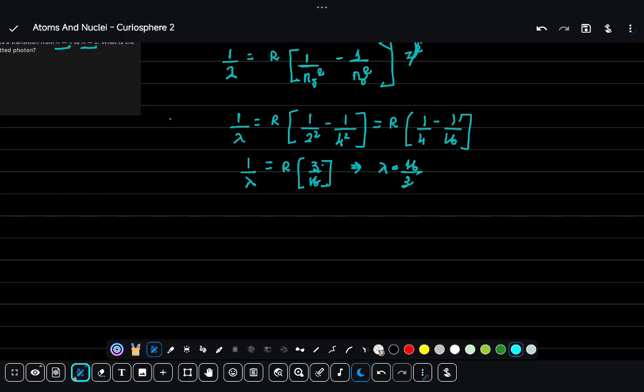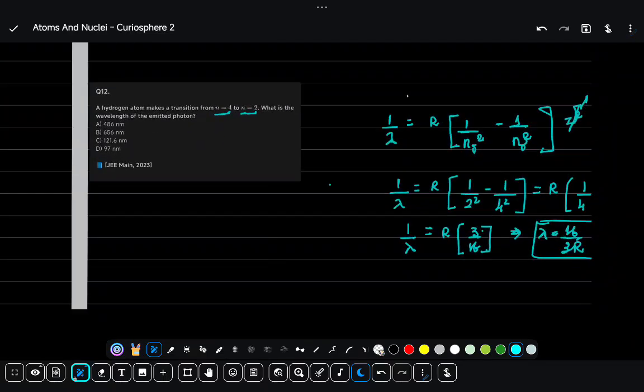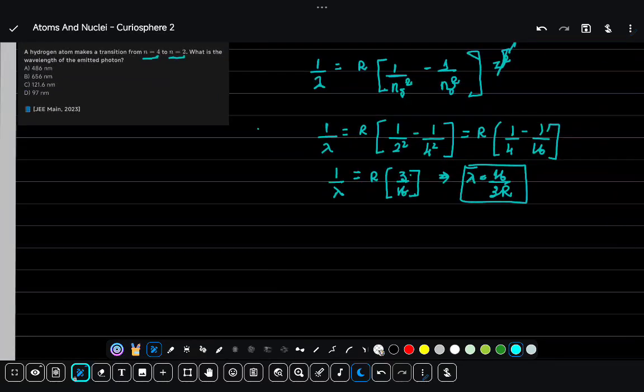16 by 3R, right? If you compute by substituting the value of R, I think we should give the values of R and all, but if they didn't give, it's better to remember some standard values like the gas constant, Rydberg's constant.